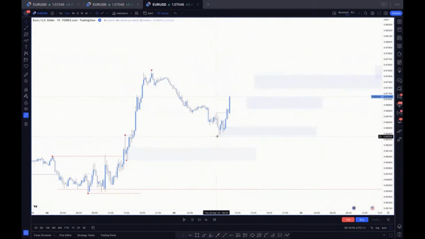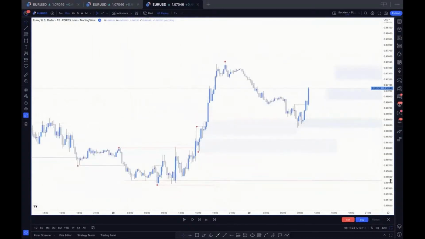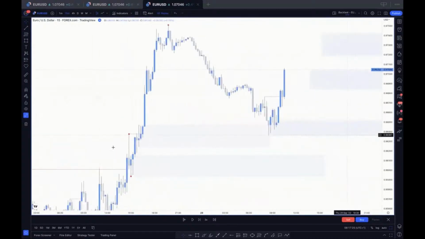But now we can also draw to see which range this market is reacting to. And to do that, what we're just going to do is take this rectangle tool, and then from here, we can actually draw this zone here. You can see that actually this reacted to this, there was a little pullback here, not too obvious, but you have to maybe zoom in to be able to see it.